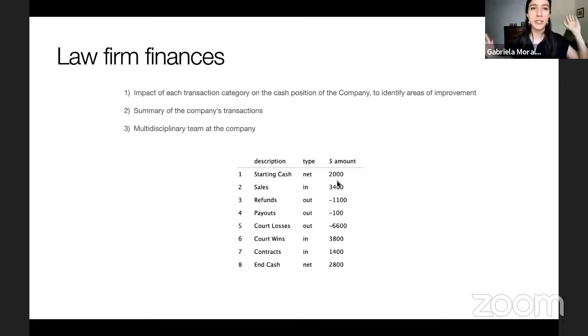We're presenting to a multidisciplinary team at the company, so again, a lay audience. The data is the description of each category, the type of transaction, which is net, in or out, and the amount in dollars.